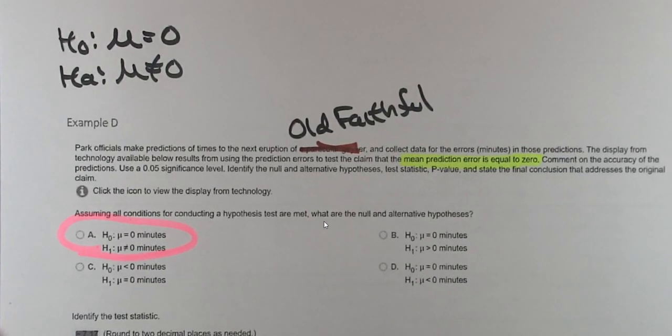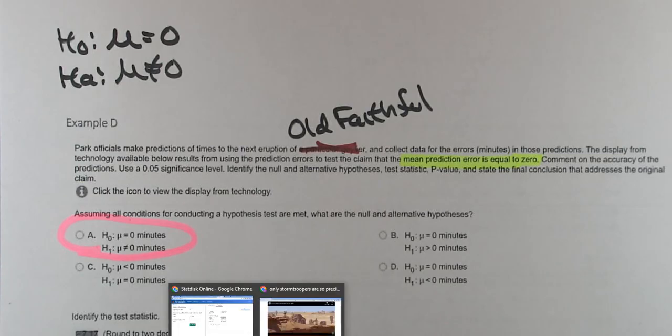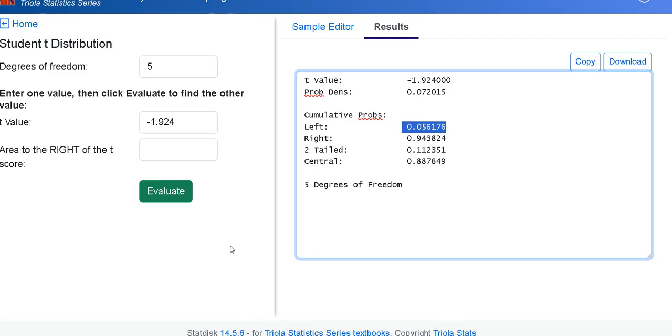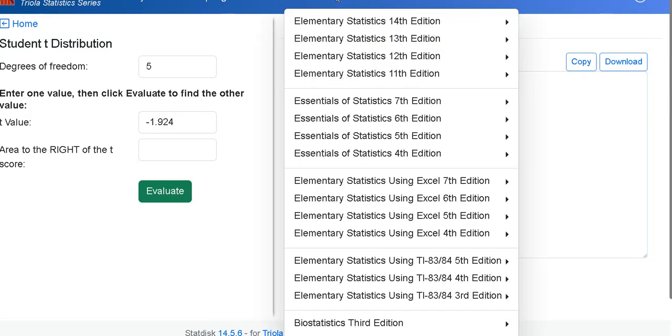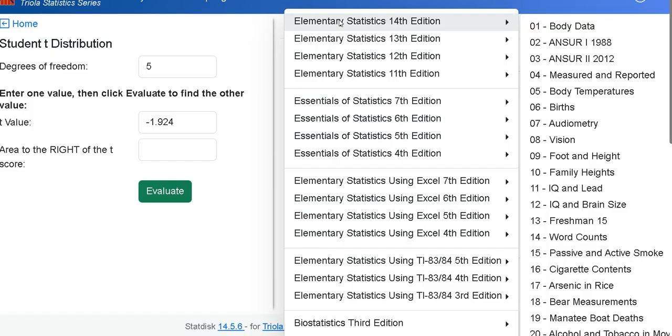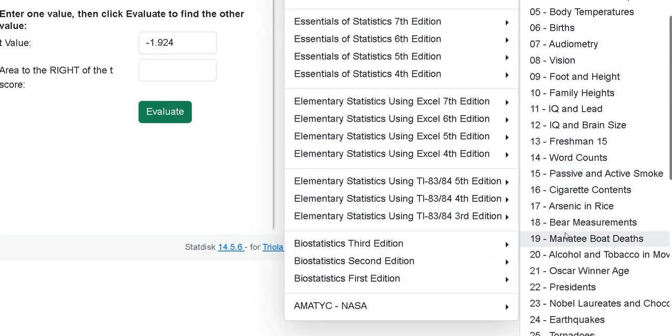Now for this one, we're actually going to use the data. So we're not going to have summary statistics. We're going to do the data itself. So let's open up StatDisk. And to find the data, let's take a wild chance and go underneath data sets, and then elementary statistics. It's data set 26 that has the Old Faithful data.